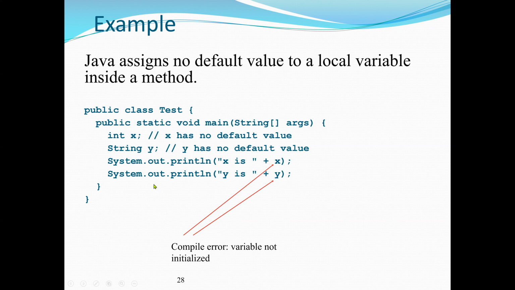With Java, because of the garbage collector, if a variable is not pointing to anything, the content again will not be available. So what we're trying to say very straightforwardly is that if I write this program, because we didn't initialize x and y values, I will get a compiler error, variable not initialized. So if I want to print the content of a variable, we need to have a value to initialize it.